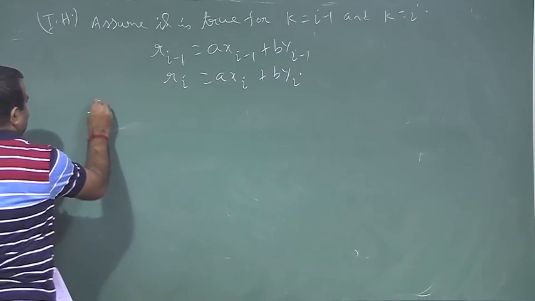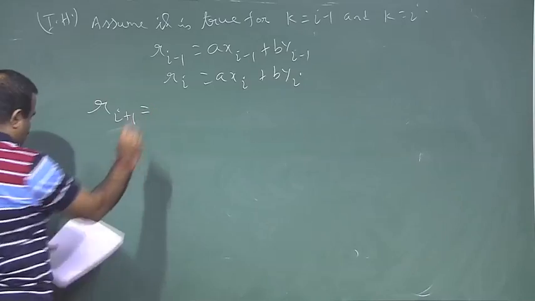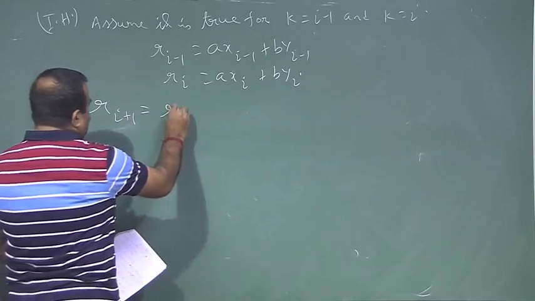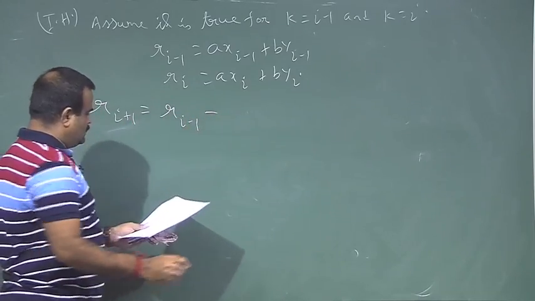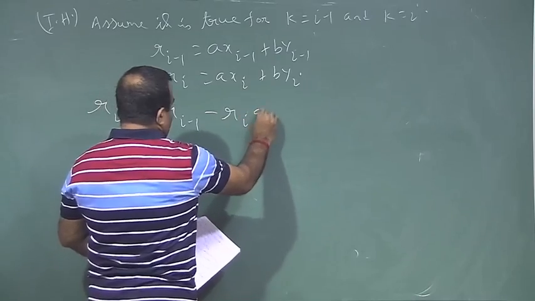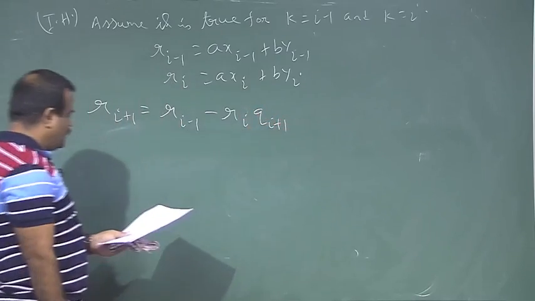So, for k equal to i plus 1, what is r_{i+1}? r_{i+1} is basically r_{i-1} minus r_i q_{i+1}.